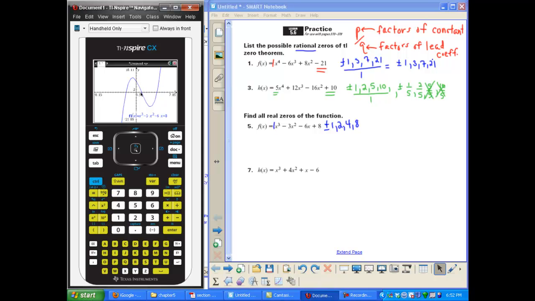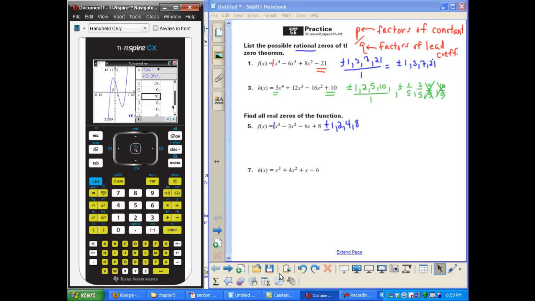Now, -2, 1, and 4 are actually all numbers part of this list. So what we might want to do now is maybe just check the table to see if we are correct. So there it is. It crosses at 1, crosses at 4, and look at that. It also crosses at -2.